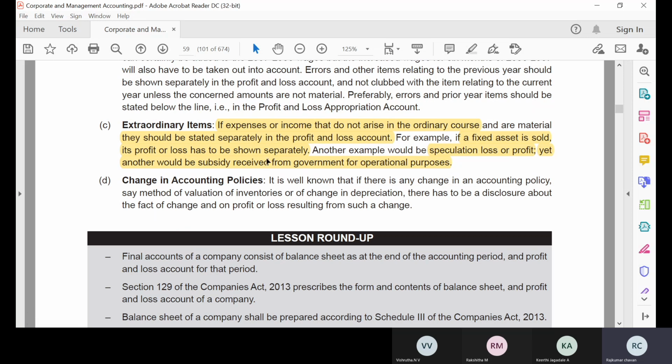So that is called an extraordinary item. Sometimes it plays a very important role in our P&L account. When preparing the profit and loss account, please treat these extraordinary items separately, and show how much you got or the expenses you incurred on this. That is the meaning of extraordinary items recorded in the profit and loss account.